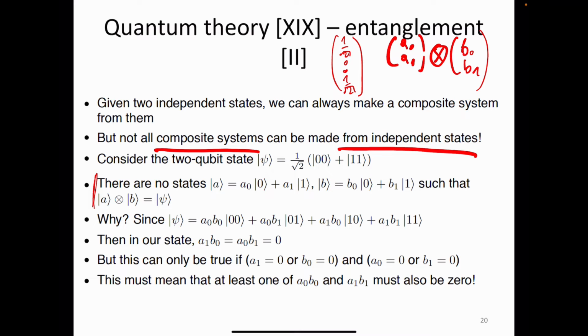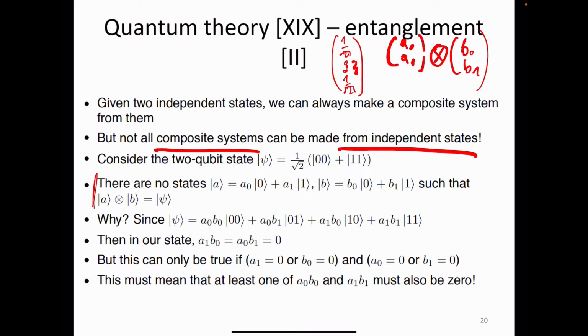That would mean, because here in the middle we have two zeros, that either A sub 1, B sub 0, and also A sub 0 and B sub 1 must equal 0, because otherwise we wouldn't get these zeros here in between for the states 0, 1, 0, 0 and 0, 0, 1, 0.